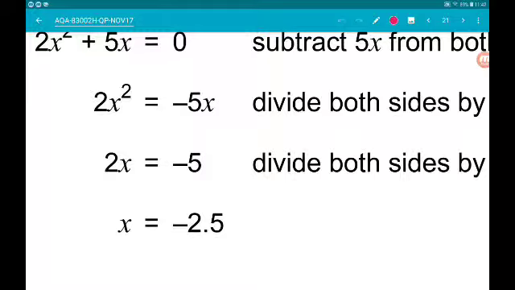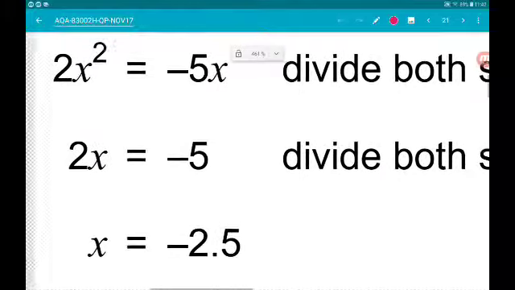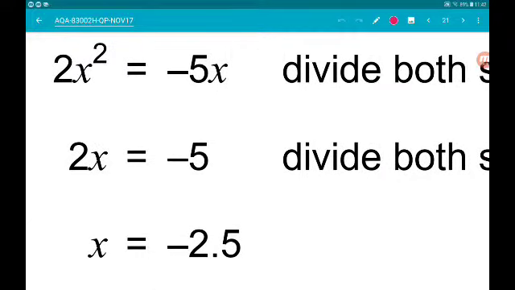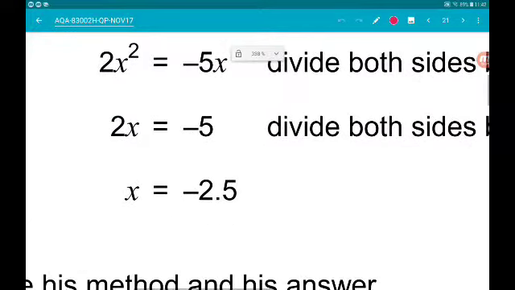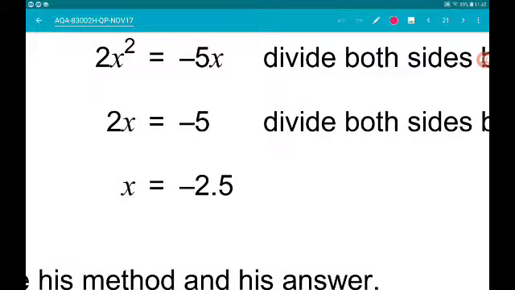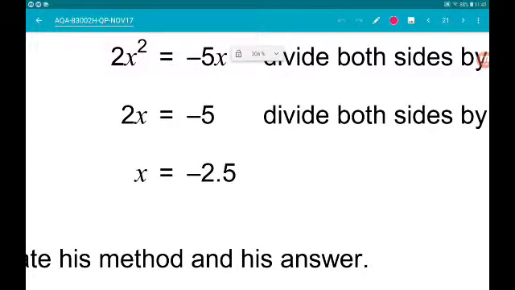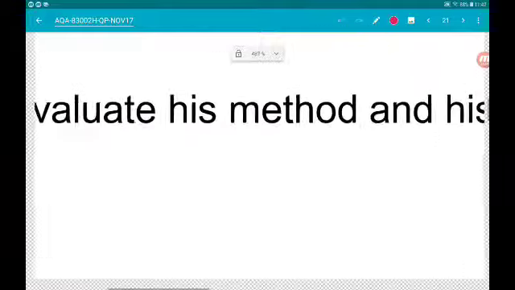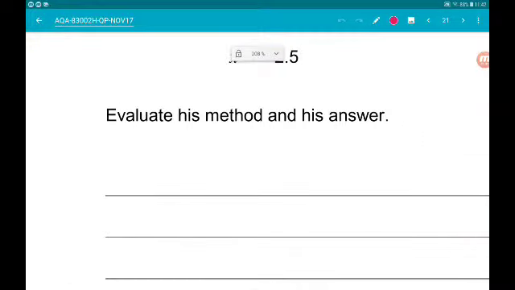Now, this is a problem. But if we carry on, he's then got 2x is minus 5. Then he divides by 2 to get x is minus 2.5. So, the answer is right. It's just not the whole answer. So he doesn't have the whole answer.